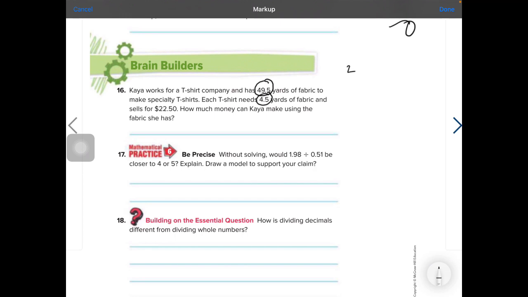Then we can times the answer by 22.50 to find out how much money she can make. So we have 4.5 division bar 49.5. We need to move that decimal over. So we have 45 as our new problem, that's a lot easier to figure out than the other one.